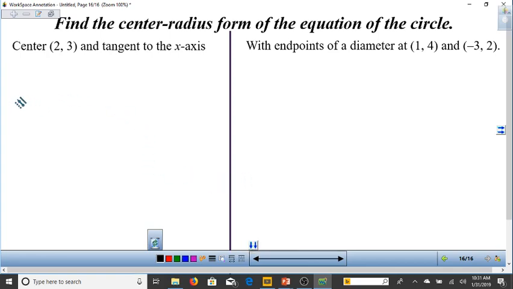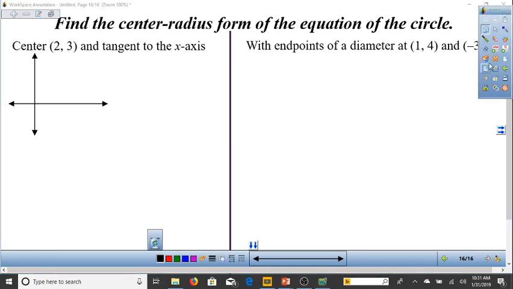We're going to see what this looks like. That's the x-axis, that's the y-axis, and then I'm going to draw a circle here.